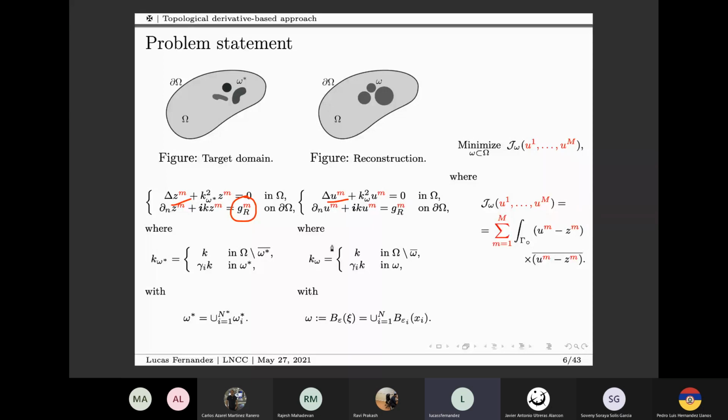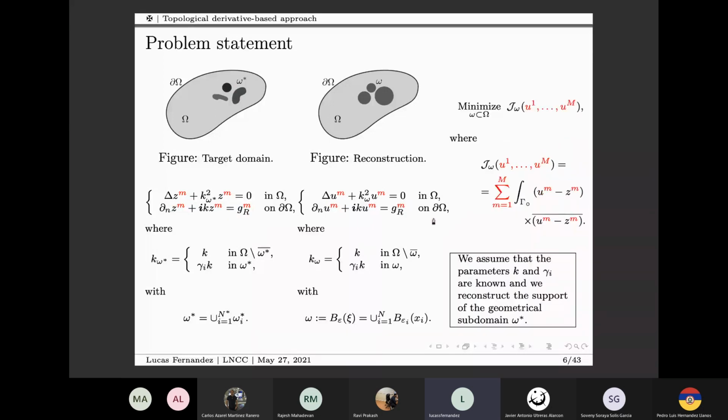From now on, I consider this shape functional for several measurements. In addition, each circular or non-circular obstacle is to be reconstructed as a ball-shaped geometry, right? So the solution of the inverse problem can be expressed by two vectors.